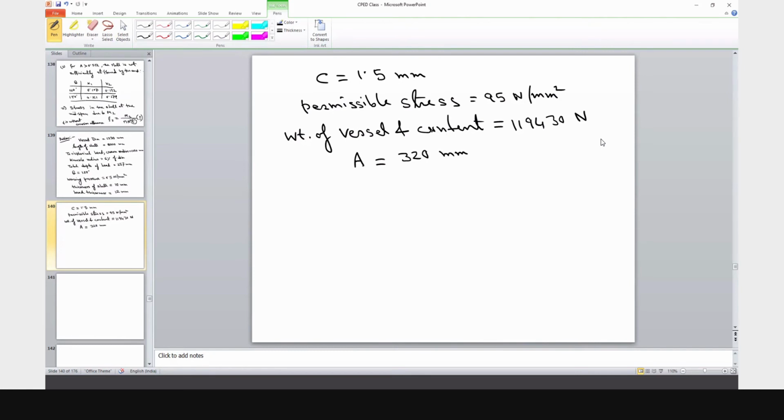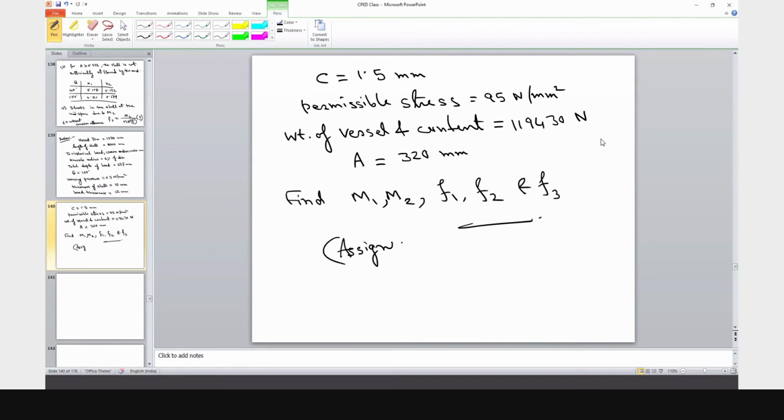Okay, now find M1, M2, F1, F2 and F3. So do it. It's assigned to you. You do it very easy, only formula based.